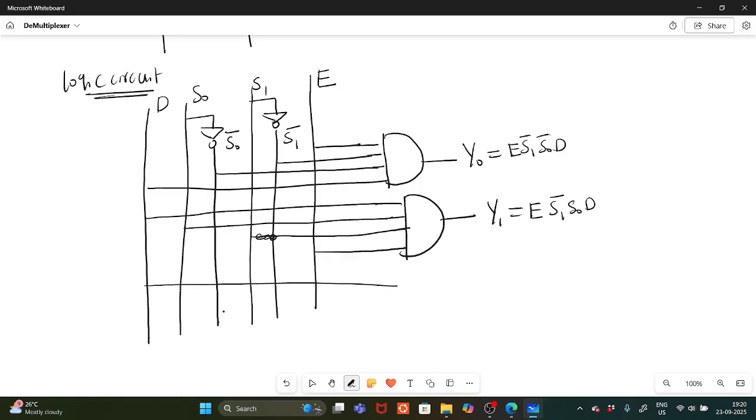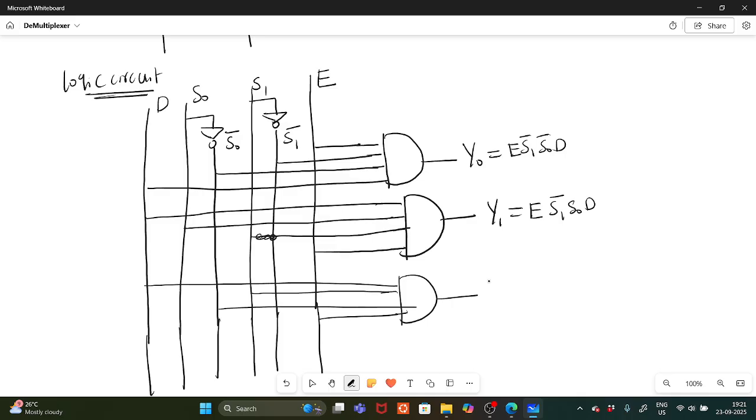D, S1, S0 bar, and enable pin. This is connected with an AND gate. This is Y2. Y2 equals enable S1 S0 bar D.